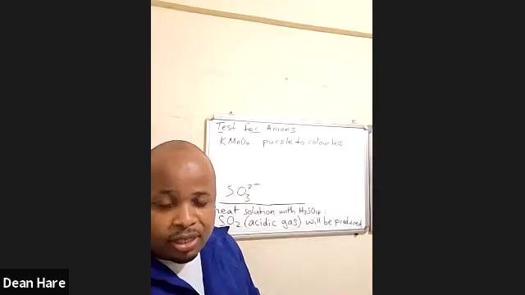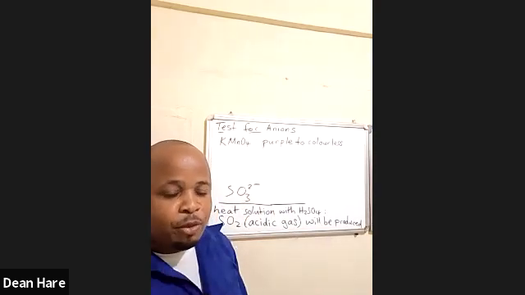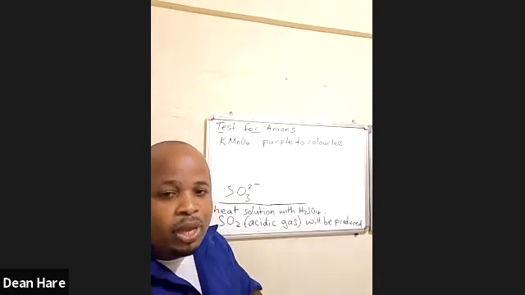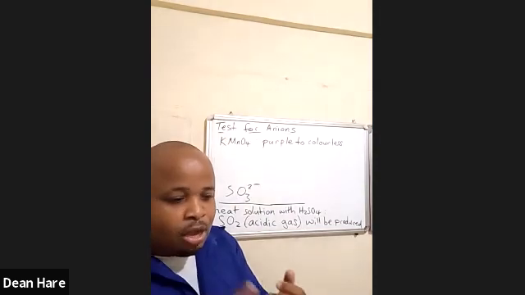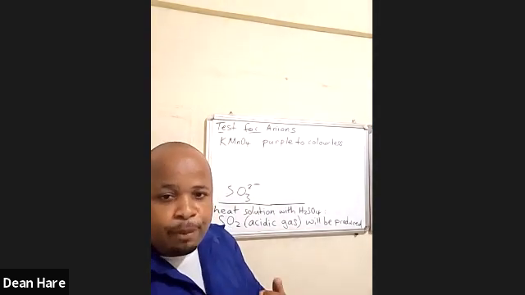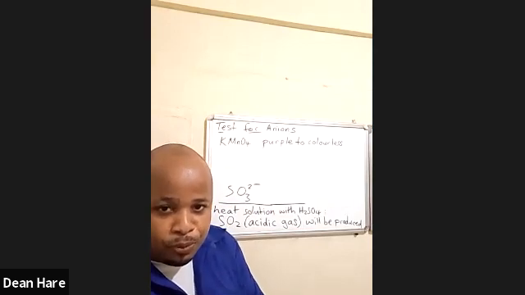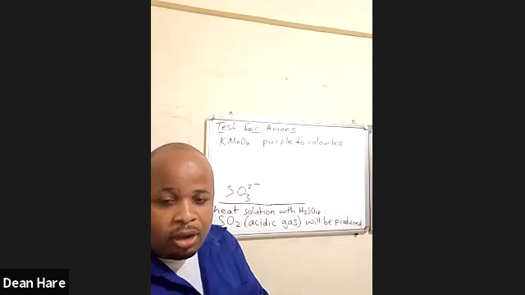Even though we're testing for sulfite, each of these negative ions can produce a gas. So if we confirm the presence of the gas, then we can confirm the presence of the negative ion. Like the carbonate ion, that can produce carbon dioxide, and we can confirm CO2. The nitrate ion can produce ammonia or NO2, which we can confirm.